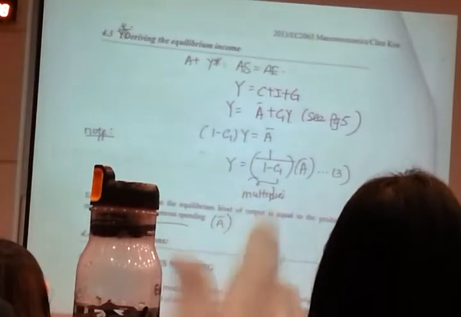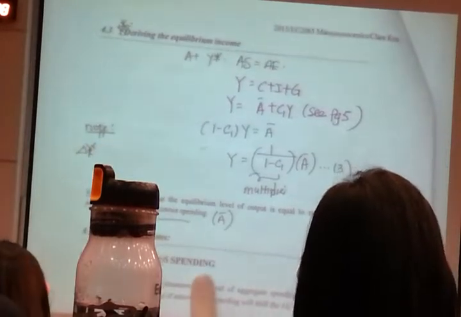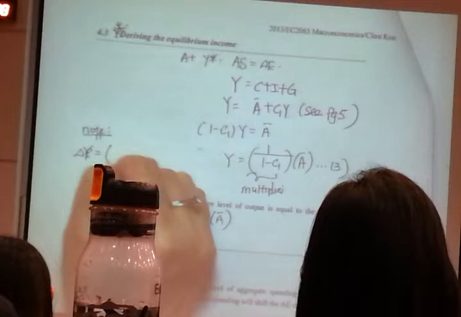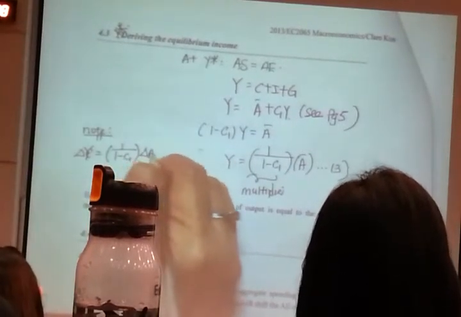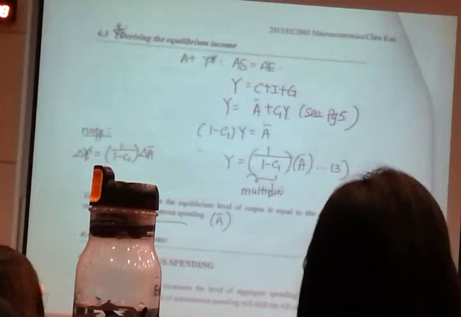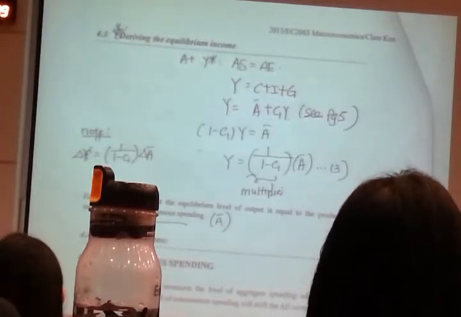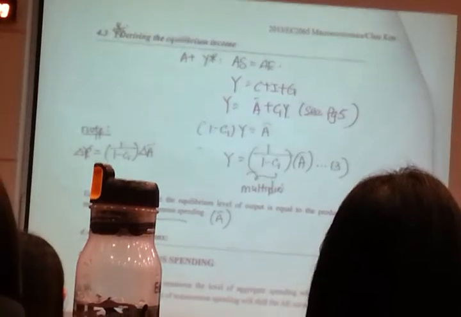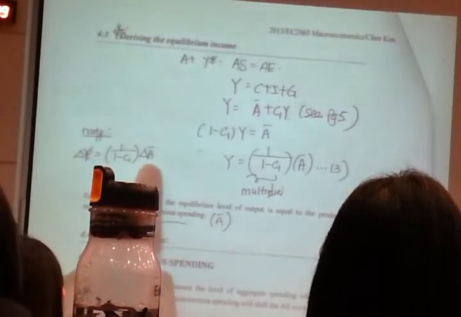If you look at this equation, change in Y is actually 1 over 1 minus C1 times change in A bar. We know C1 is always constant, so I cannot go and say change in C1. There's no change. So in other words, in a country, whenever your A bar changes, income will not change by $1.